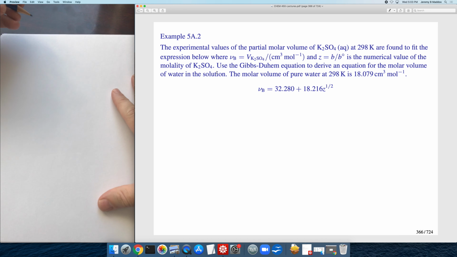It's a little involved, but I'm going to go ahead and present it for you. So the Gibbs-Duhem equation tells us that essentially the partial molar volumes of the two components of the solution are related to one another.